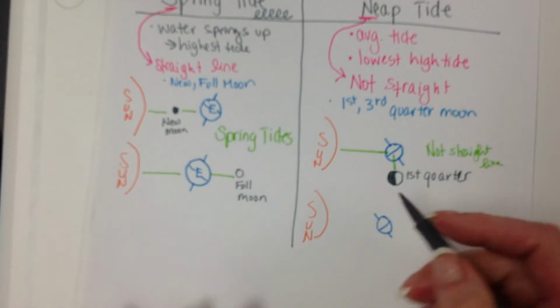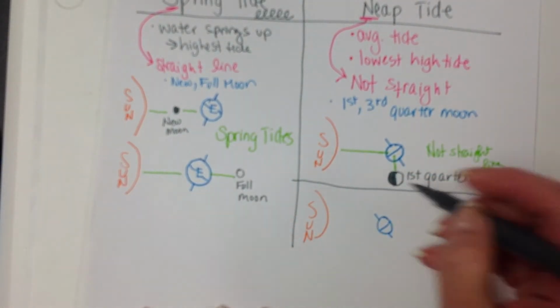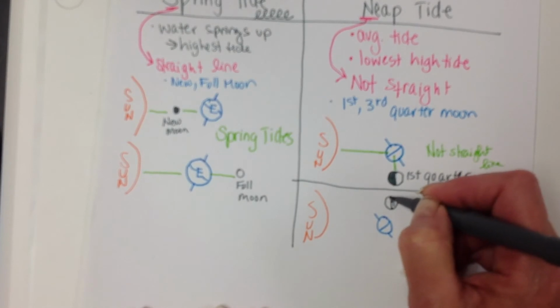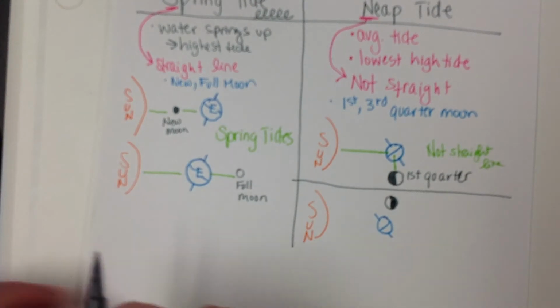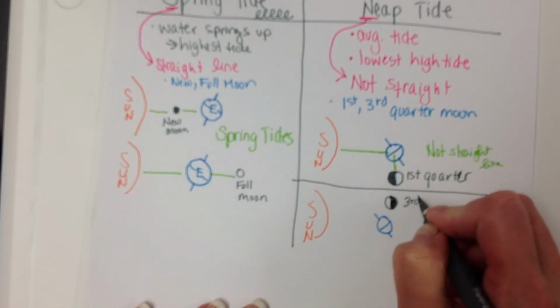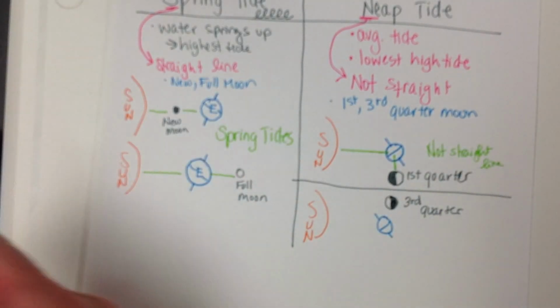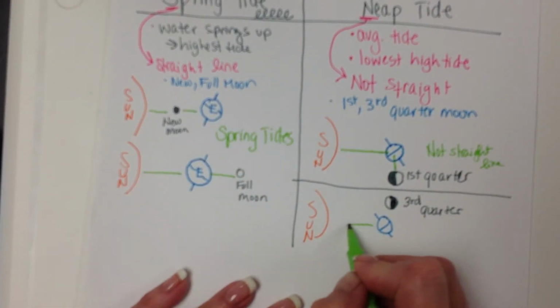And a third quarter moon would be here. It's waning, no light on the right. We would see the moon looking like this. And once again, this is not a straight line.